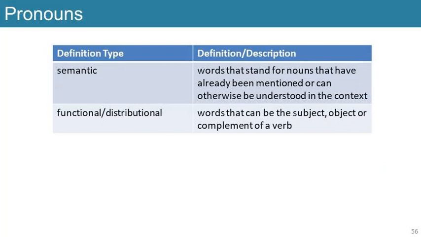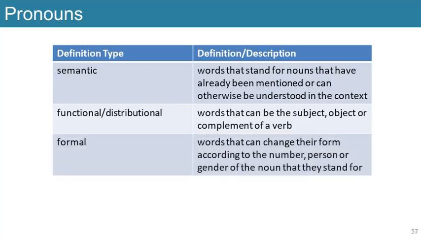Pronouns can be defined semantically as words that stand for or replace nouns that have already been mentioned or can otherwise be understood in the context. They can be defined functionally, distributionally, in the same way as nouns. That is, as words that can be the subject, object, or complement of a verb and occupy the same position as nouns.